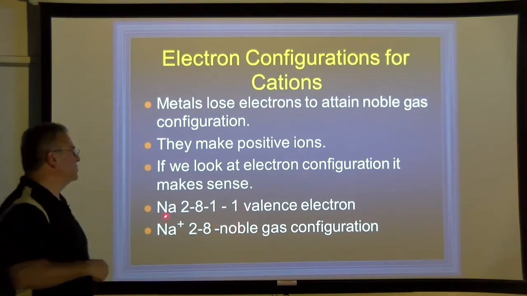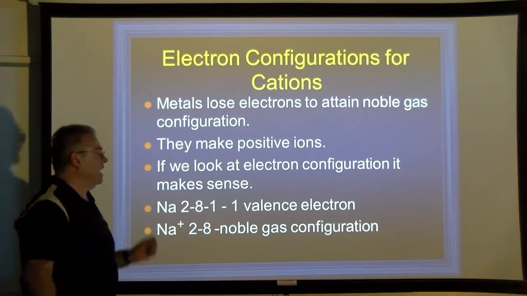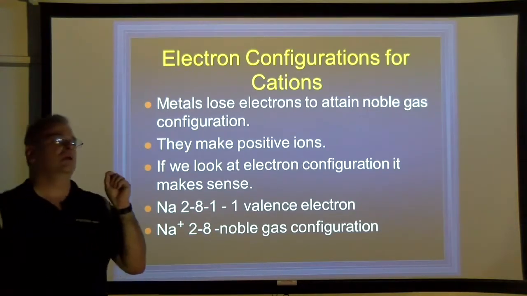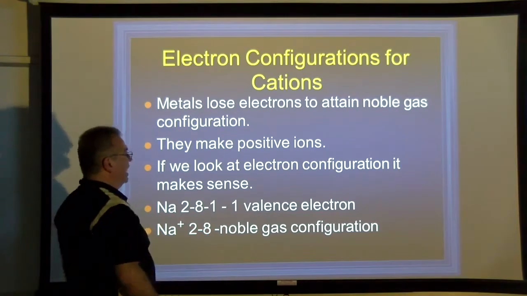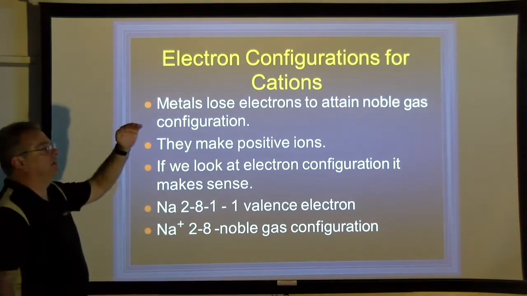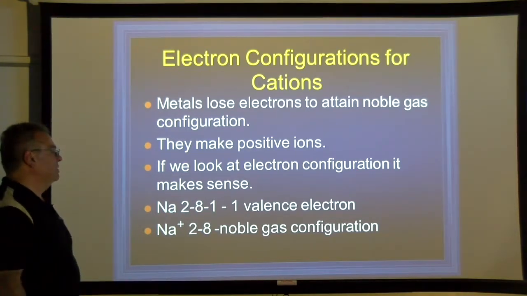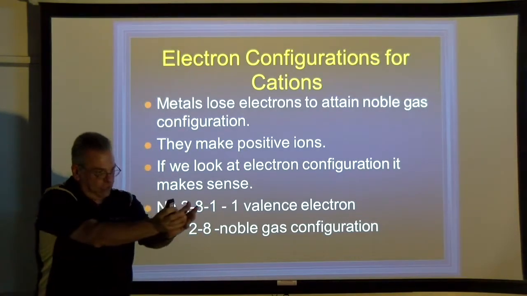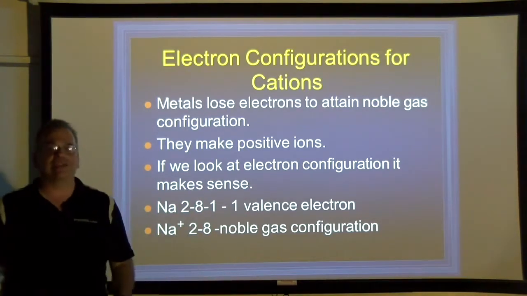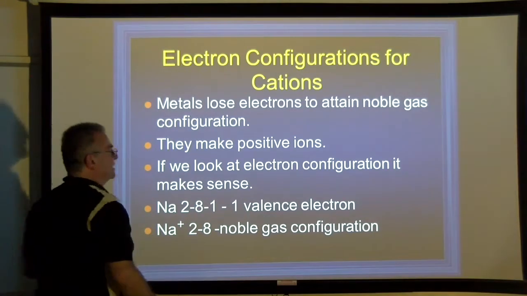One, for example, sodium loses its 1 valence electron that's in its outer shell, and now it has the exact same configuration as a noble gas. 2-8 is the noble gas listed on the row above the original sodium atom on the periodic table. So by shrinking and now creating these 8 valence electrons that are really close to the nucleus, it's not going to react anymore. So that's why metals end up becoming more stable when they turn into cations.